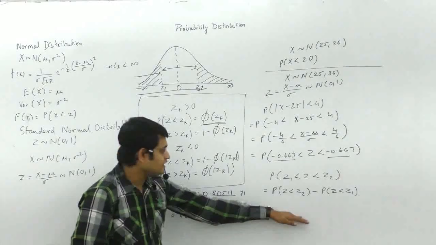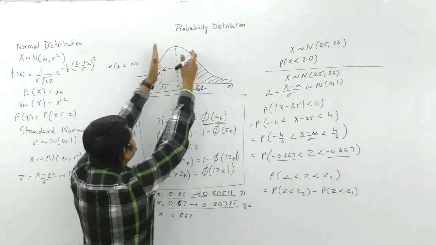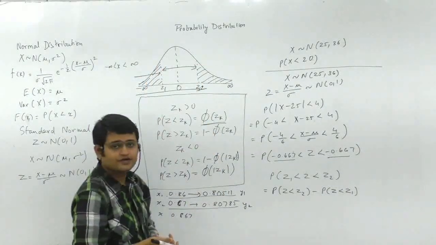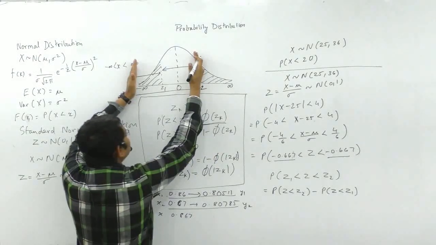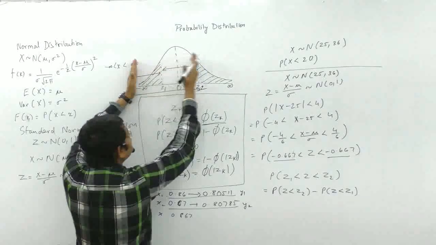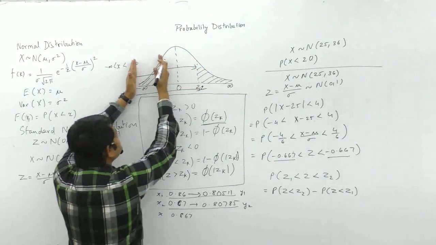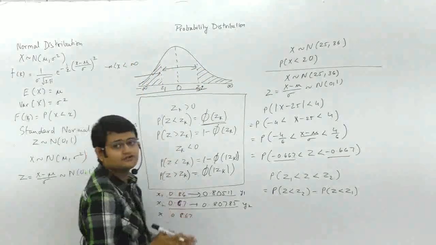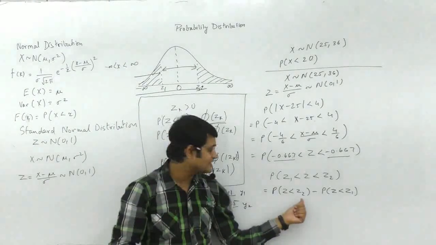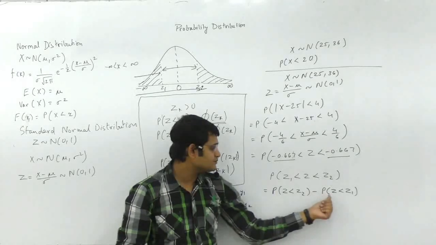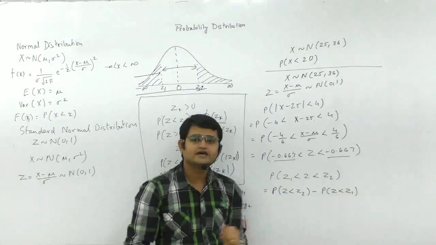Now I'll explain it again. We need to find the probability between these two points z1 and z2. That is the probability from minus infinity to z2, this particular value, minus the value from minus infinity to z1. So that is probability z less than z2 minus probability z less than z1.